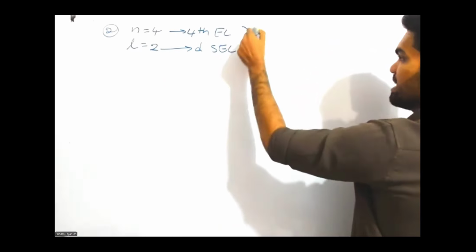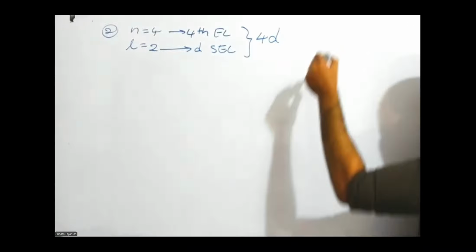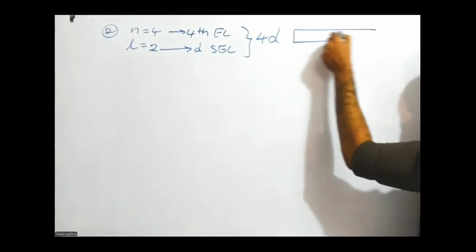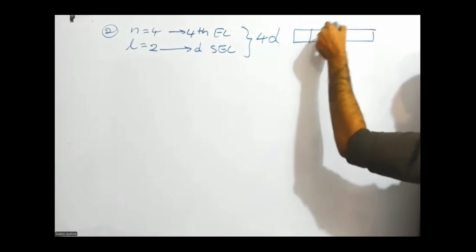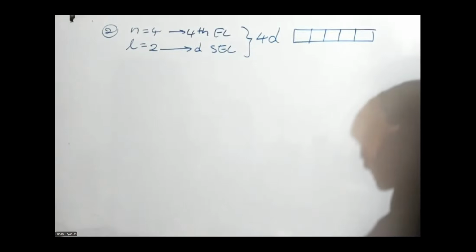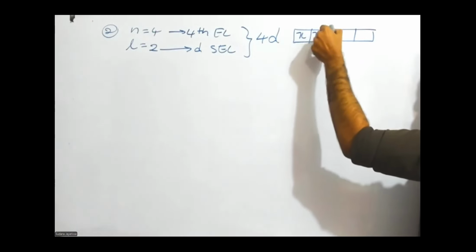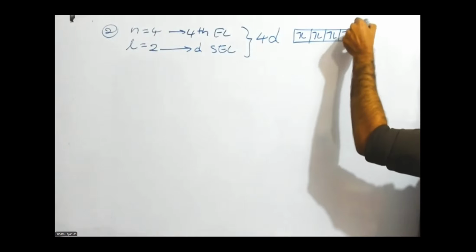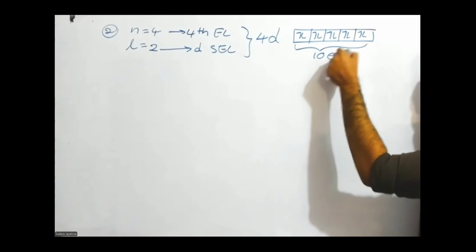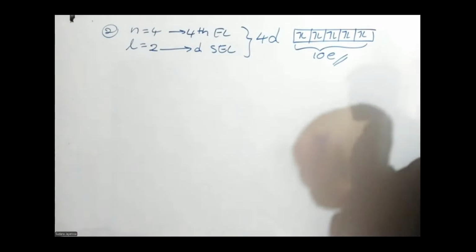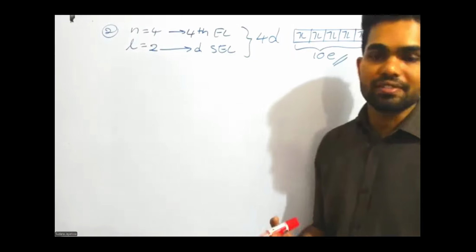So finally they are telling you about 4d. In the 4d sub energy level, it doesn't matter whether it is 4d, 3d or anything. For the d sub energy level, you have 5 orbitals. In those 5 orbitals, you can put a maximum of 10 electrons. Understood? So the maximum number of electrons that can exist in 4d is 10.